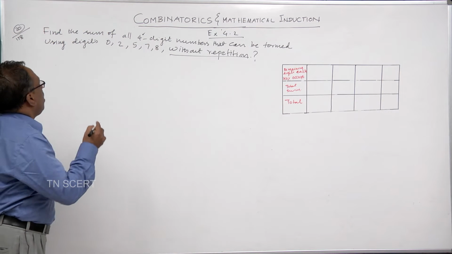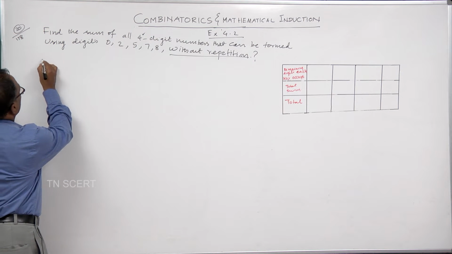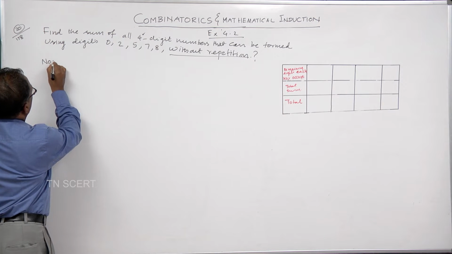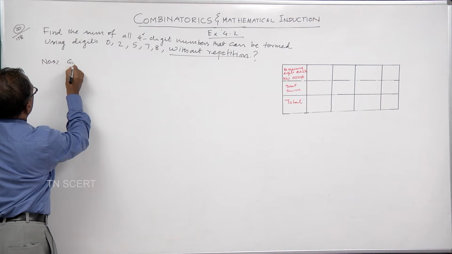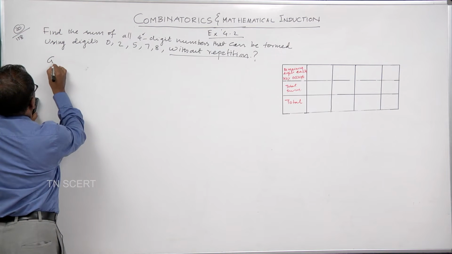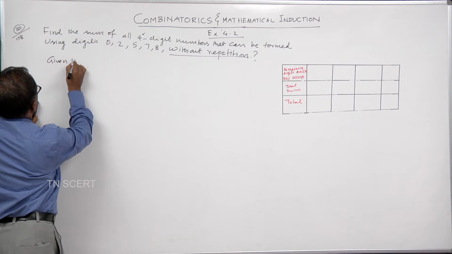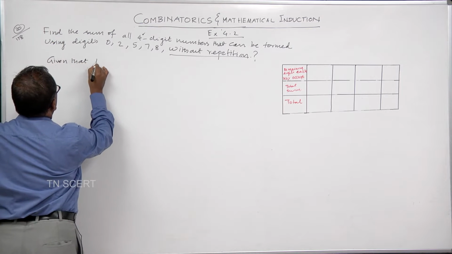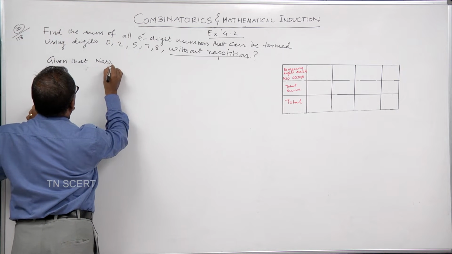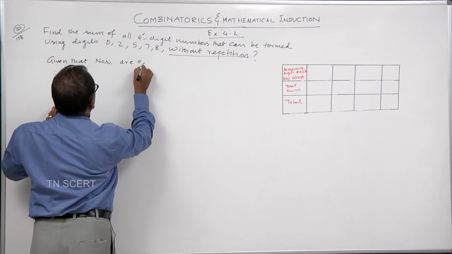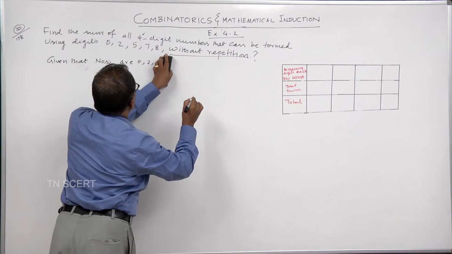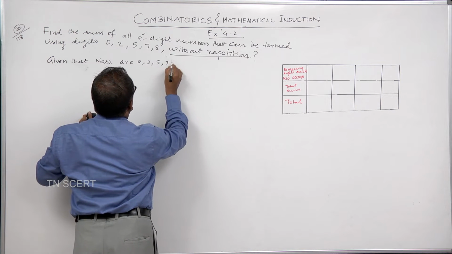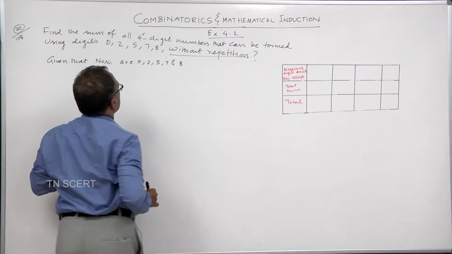First of all, which numbers are given? The numbers are 0, 2, 5, 7 and 8.